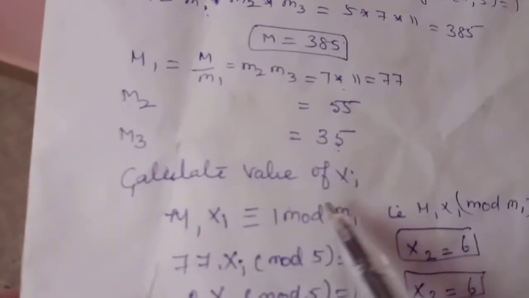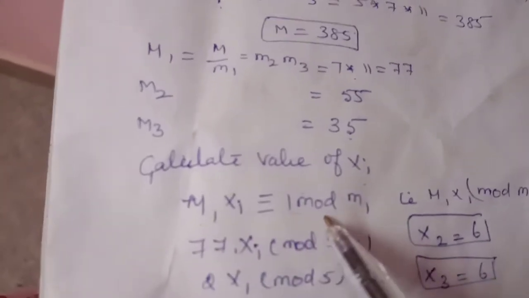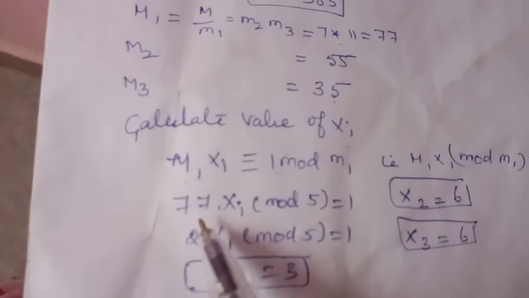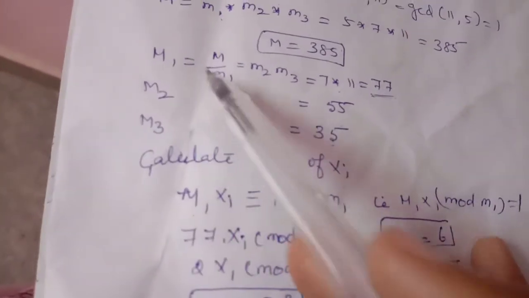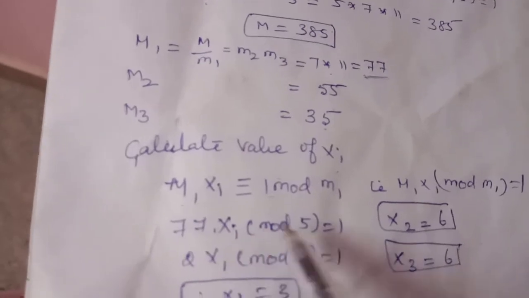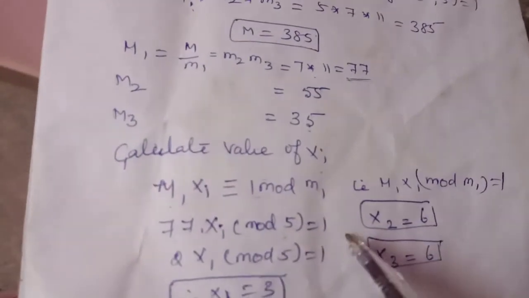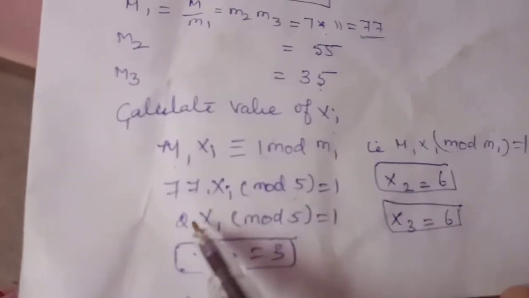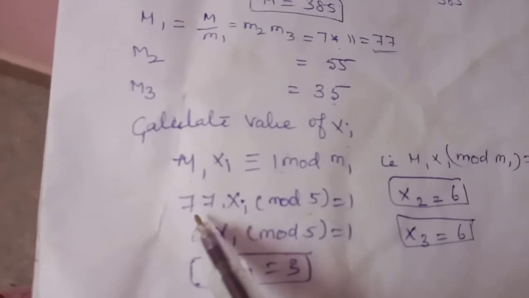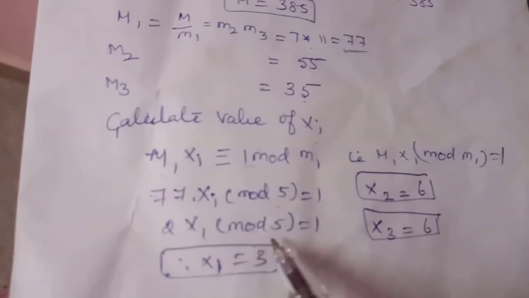To calculate the value of xi, M1 x1 congruent to 1 mod m1. We found 77 from this. 77 x1 mod 5, first equation for mod 5, equals 1. For simplification I replace 77 with 2, so 2 into x1 mod 5.